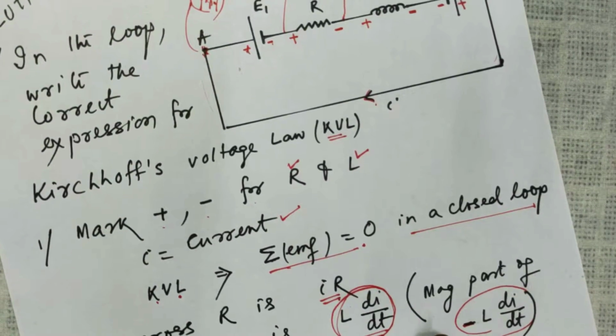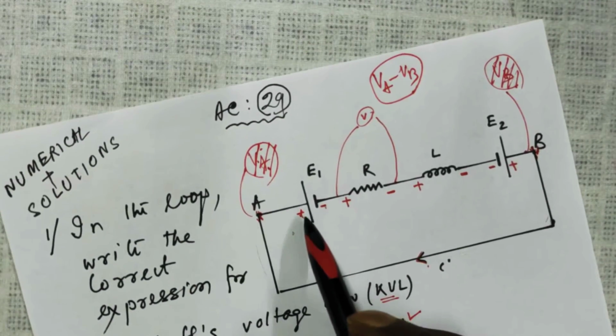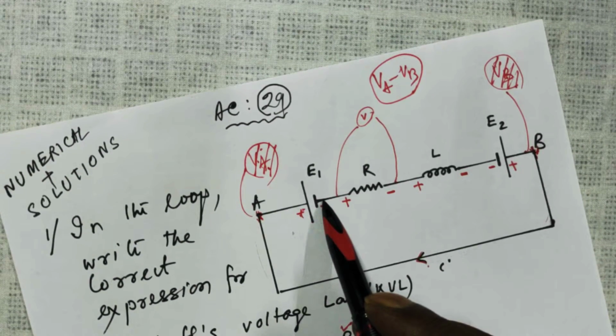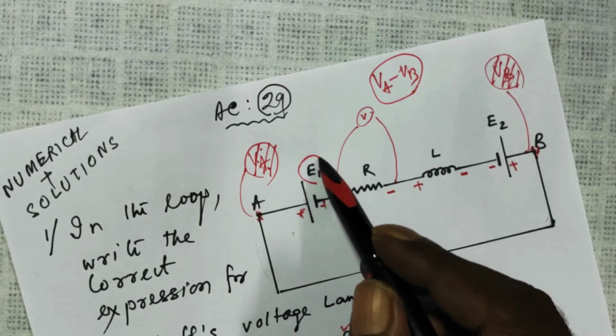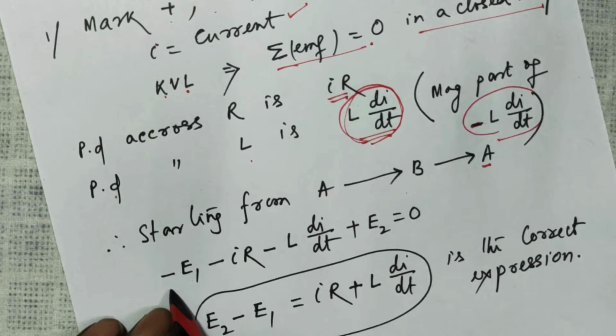Since it is not required, I am just going from A to B. So from positive to negative, there is a drop in potential. So minus capital E1.